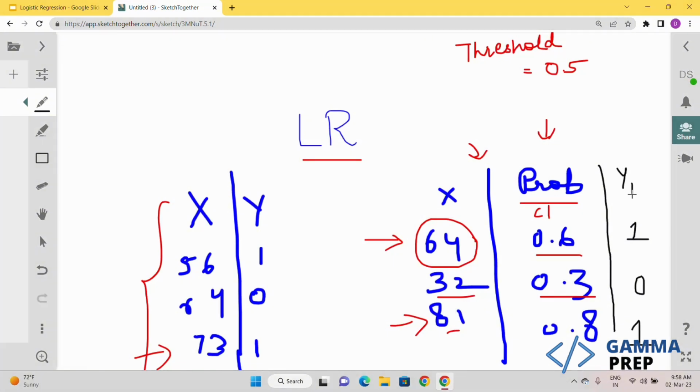So these are the final predictions that we get, and now we can compare them with the original values, the y actuals, here. Then how do we compare that? We are going to discuss it, but I just want to explain the concept of threshold right now. Any value which is greater than or equal to the threshold will be treated as 1, and any value less than it will be treated as 0. We are doing this for class 1, right? We can set the threshold for class 0 also. That's also fine.